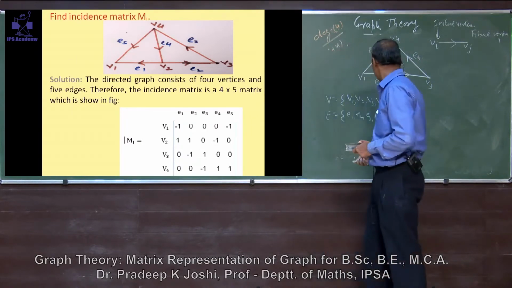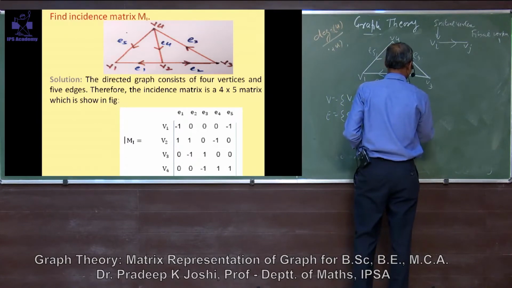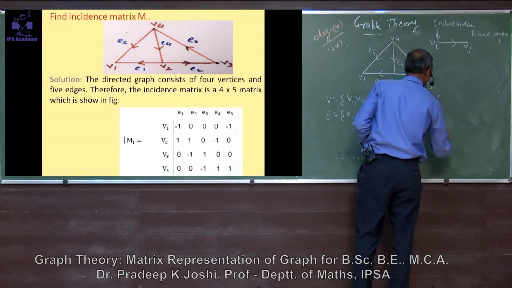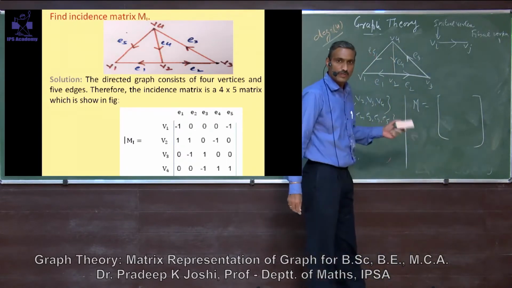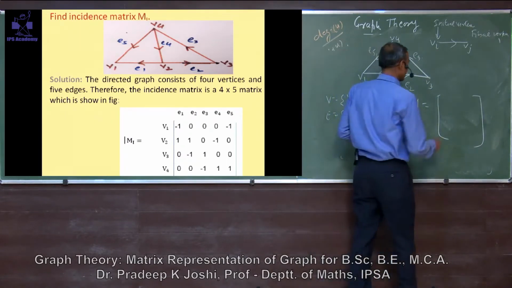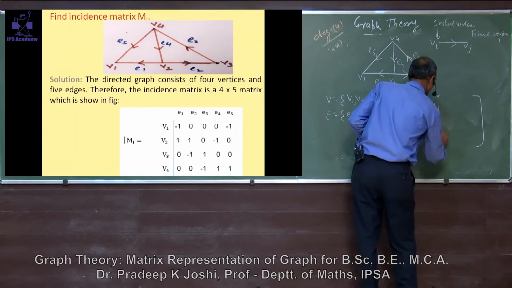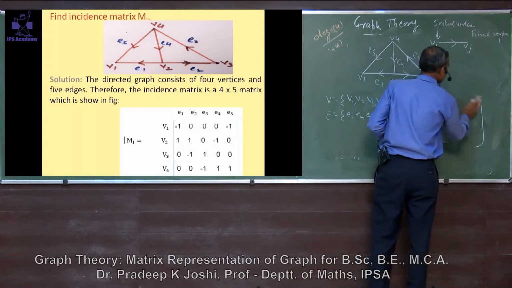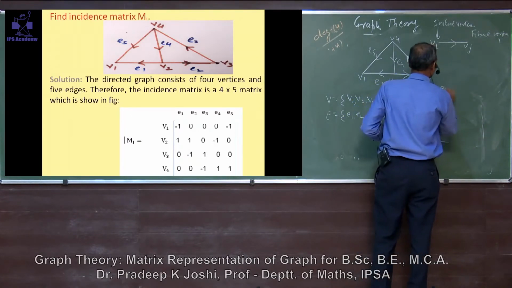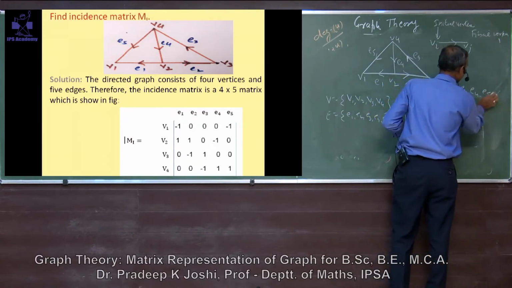Now we define a matrix here. The elements of the matrix, we define a matrix M equals to, where rows represent vertices and columns represent edges. So V1, V2, V3 and V4, and here is E1, E2, E3, E4 and E5.